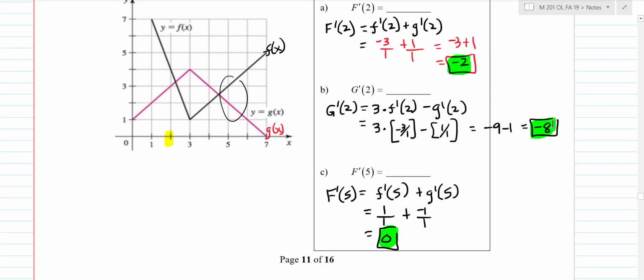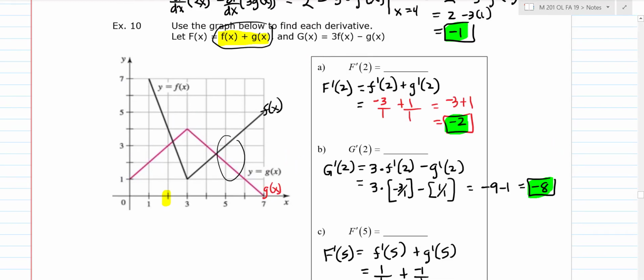Okay, so you should have got negative 8 on B and 0 on C. That's what I got. I'll kind of talk you through what I did here. The definition of G prime is 3f of x minus g of x. So if I'm doing the derivative, I'm going to do 3 times f prime of 2 minus g prime of 2. We already found these slopes.